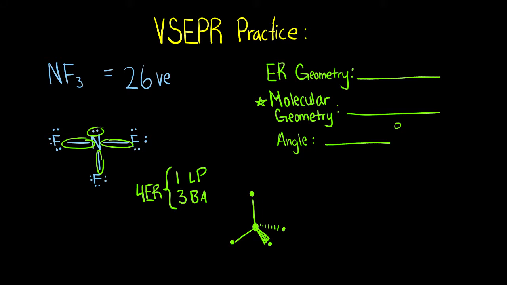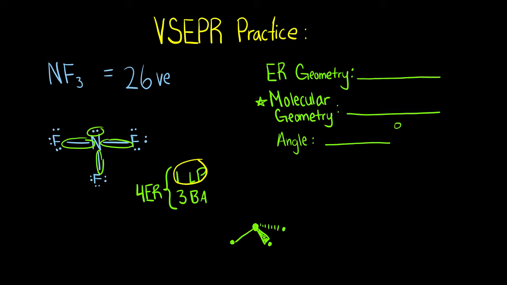However, one of our electron regions is actually a lone pair, which means that when we think about our shape, you need to ignore where the lone pair is, because it's going to have its effects on the molecule.